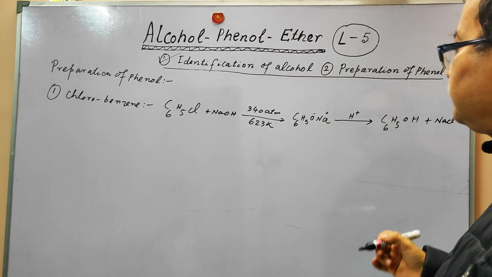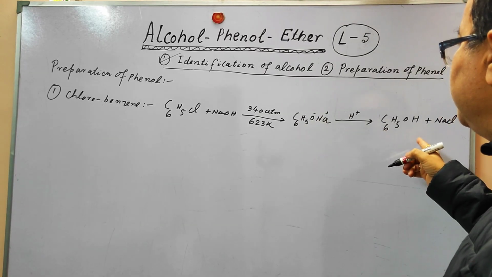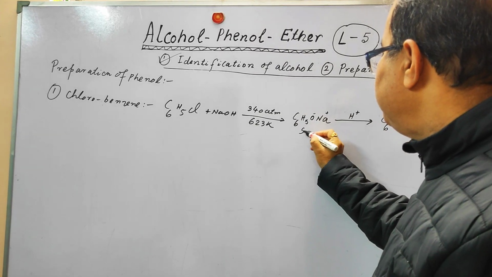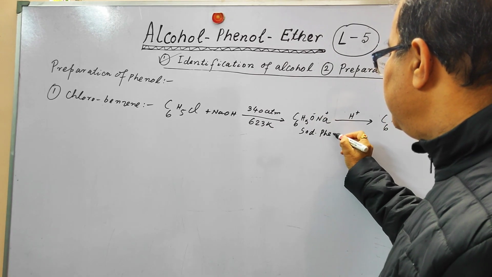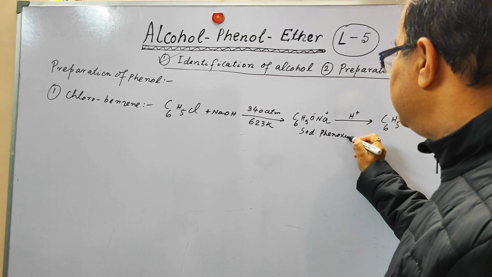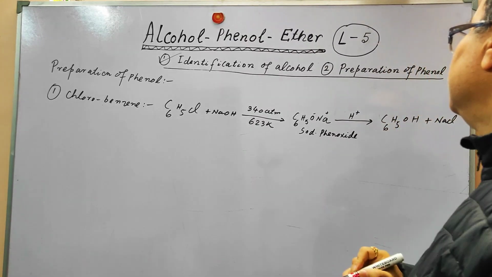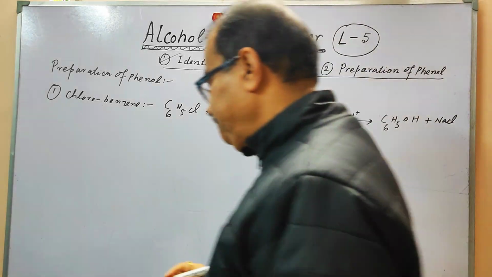So this is the first, that from the chlorobenzene, this is sodium phenoxide. So you will get the phenol.